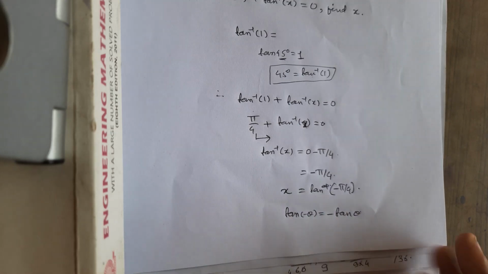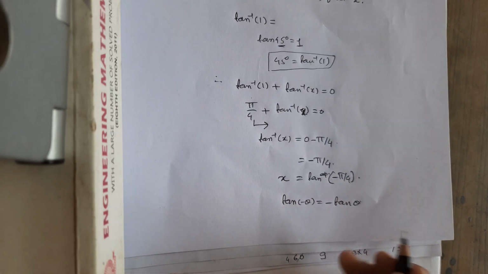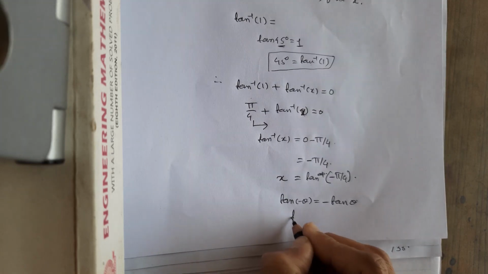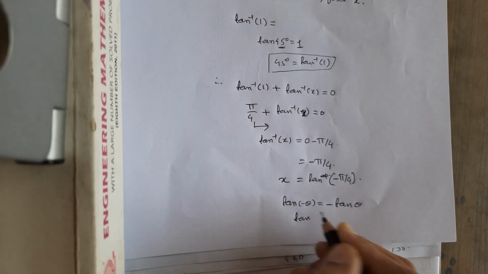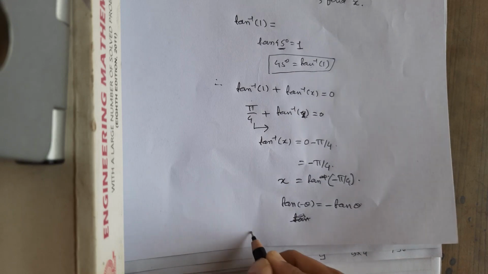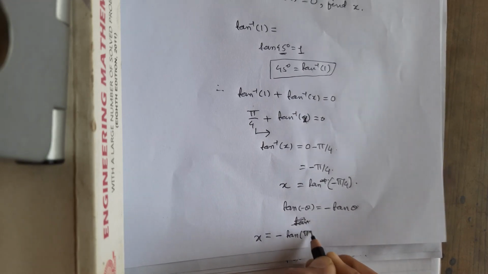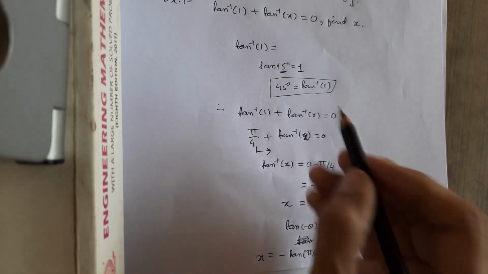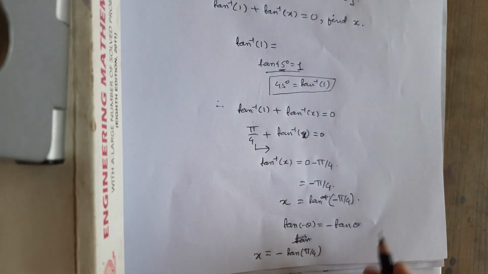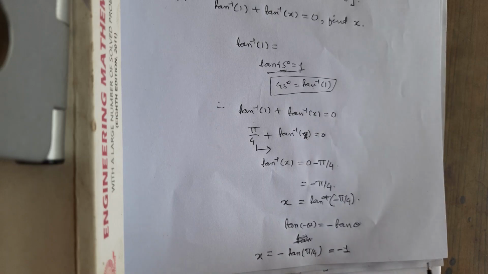Applying the same property, I get x equals minus tan pi by 4, and the value of tan pi by 4 is 1, which we already know, so x equals minus 1. That's how I found the value of x.